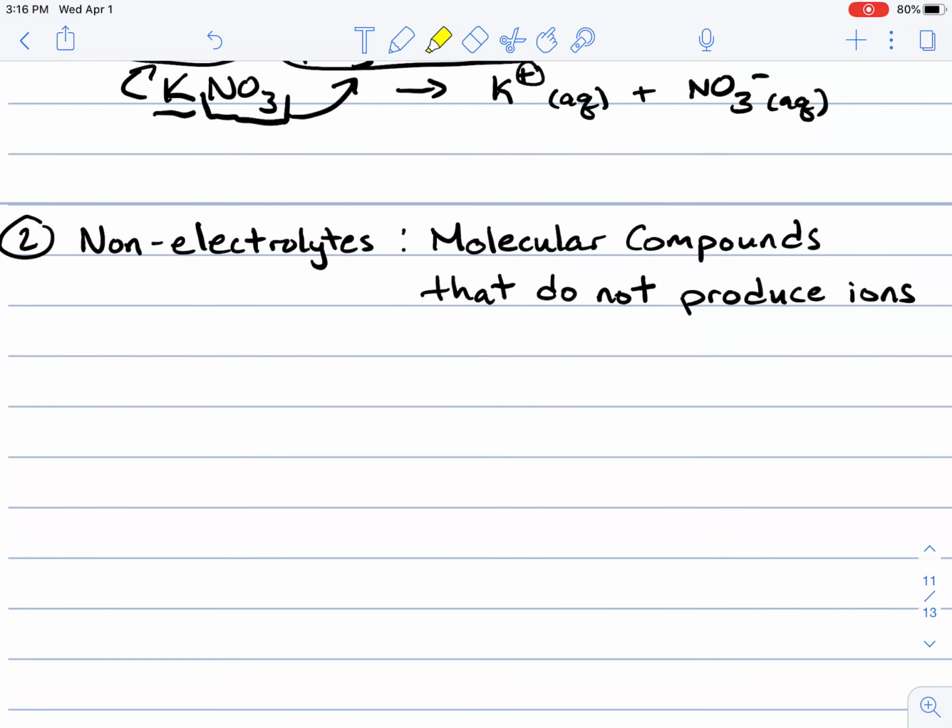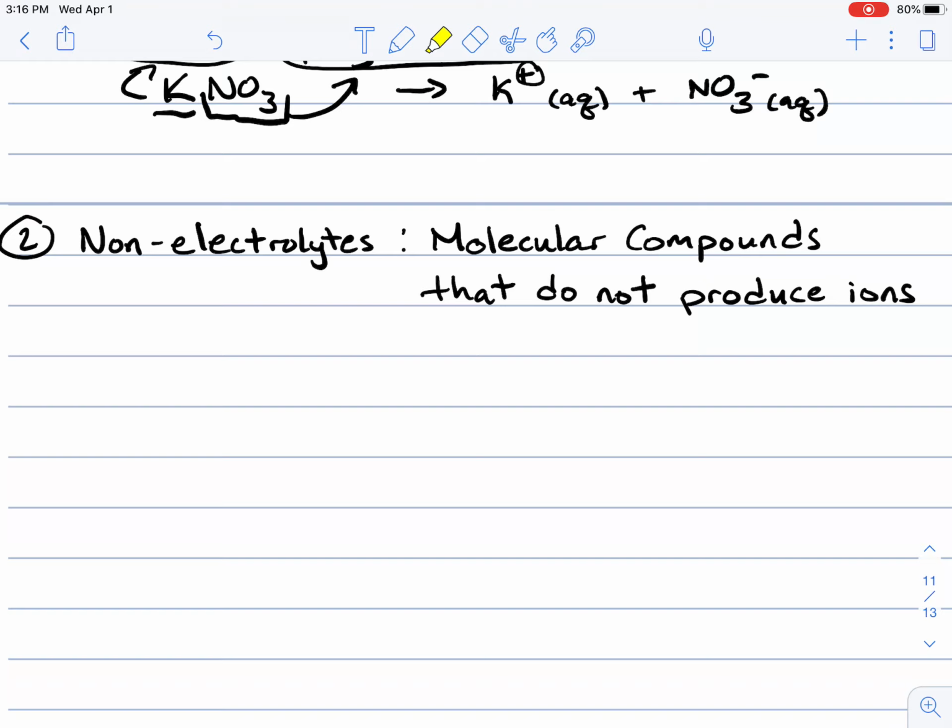Once again, very similar to what we discussed, you will have to look at a list of compounds and identify whether it's ionic or molecular.